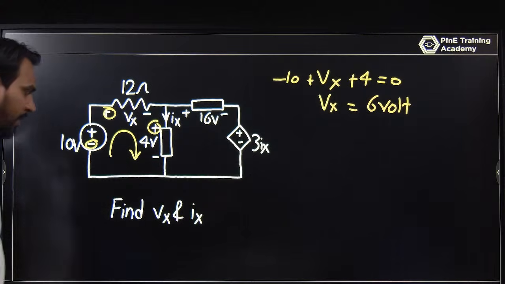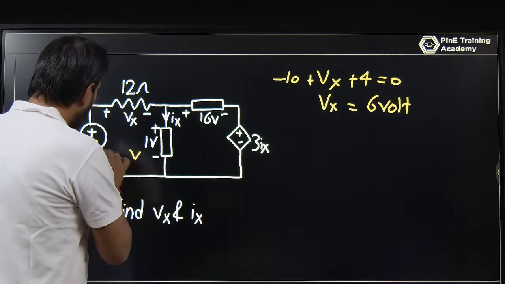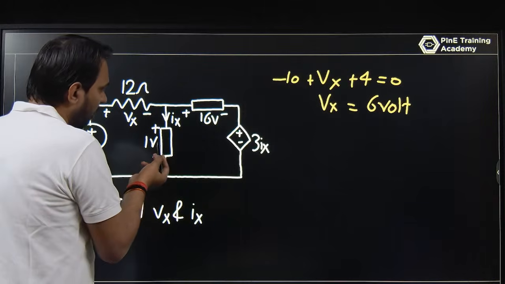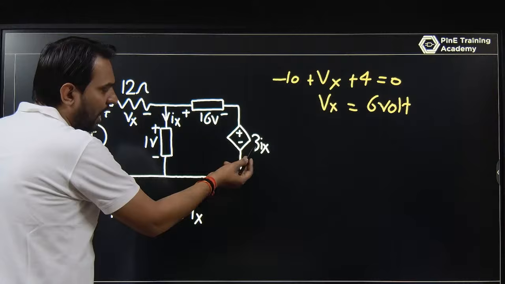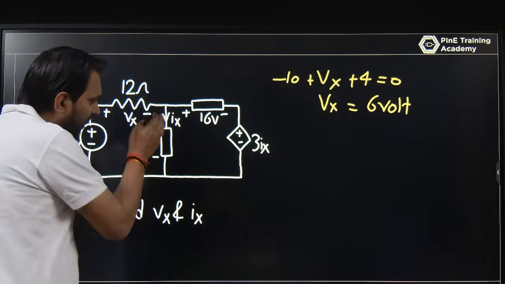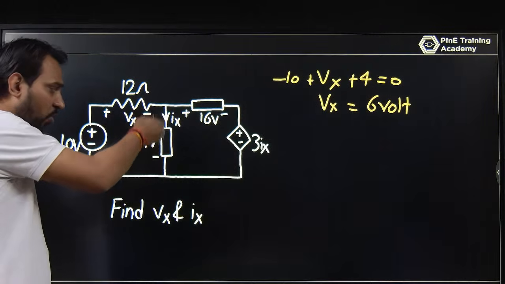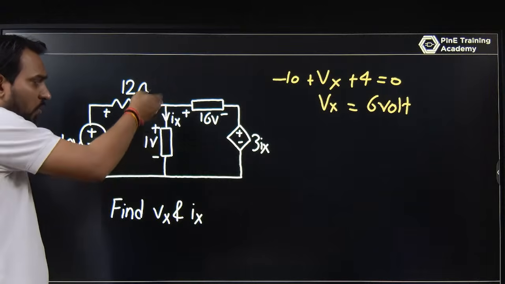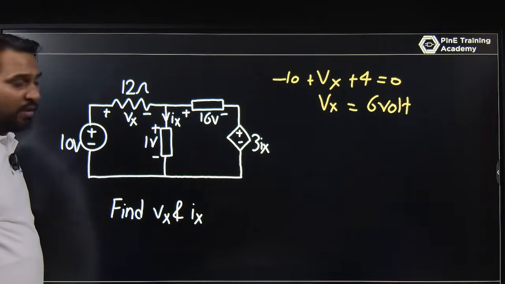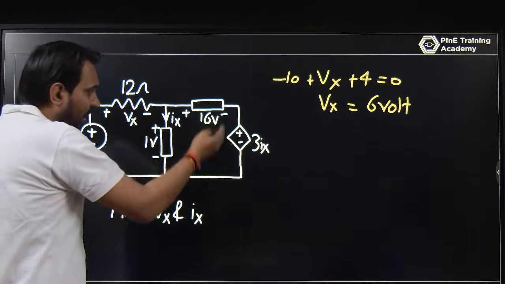Okay. Next, I have a voltage here, I have a voltage here, and I am finding what is Ix, because we don't know the resistance. If you know the resistance, of course you have 1 volt, you can determine the current. But here I don't know the resistance, so I can determine it in this loop.